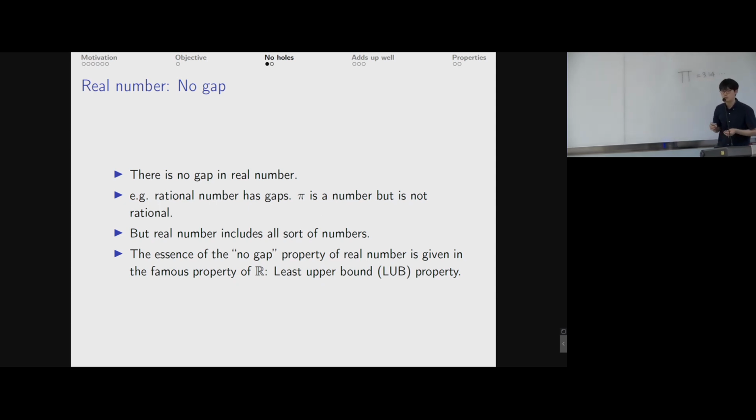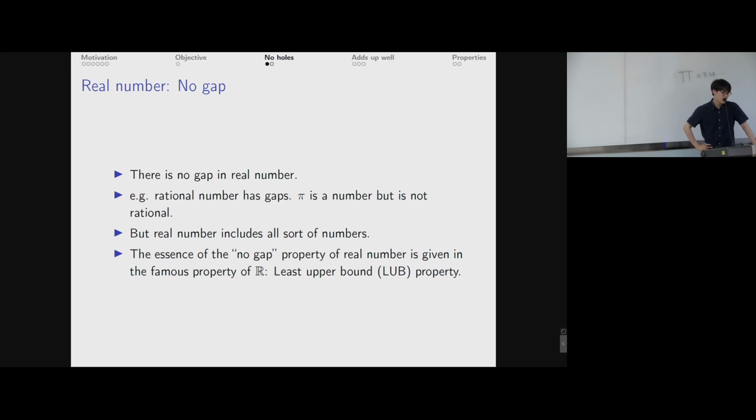It's a number between 3 and 4, but it's not a rational number. So you can see that even rational numbers have gaps. That's problematic because we want to deal with as many numbers as possible. If you're dealing with numbers with gaps, it's very problematic. We usually want to deal with numbers that have no gaps, at least as much as possible.